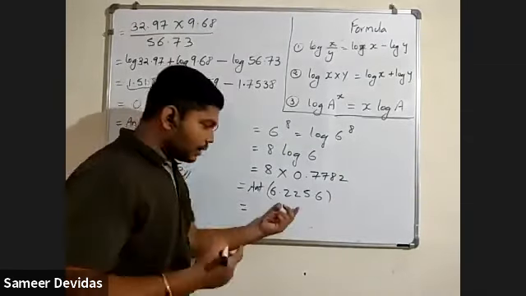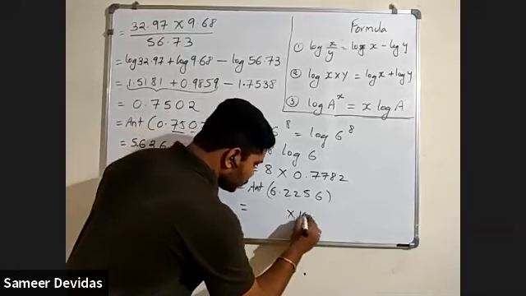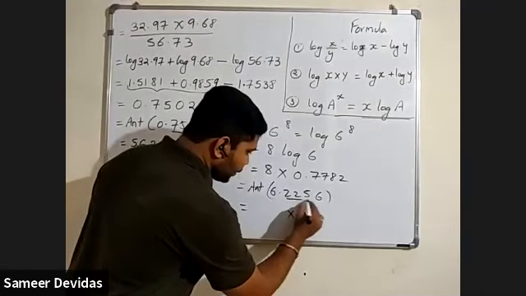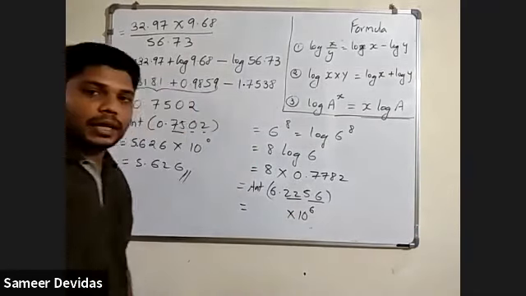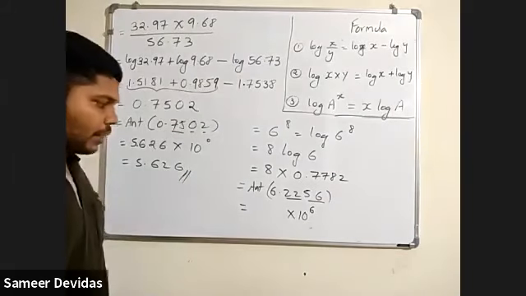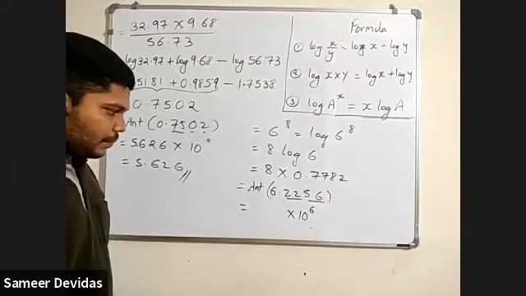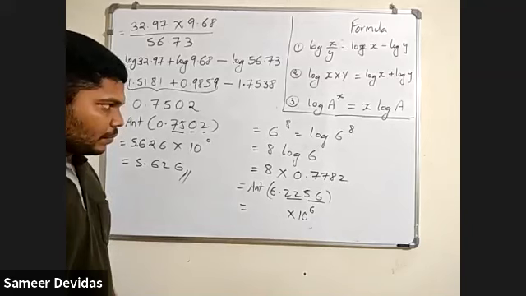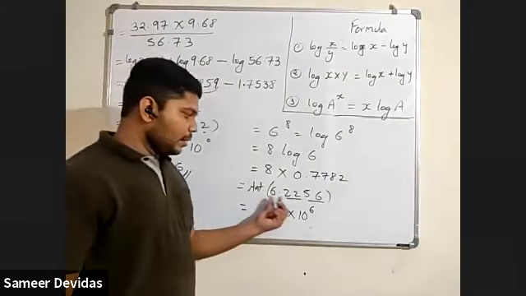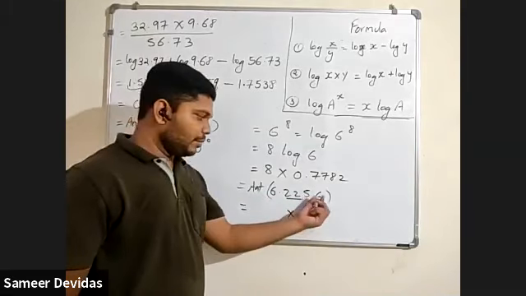Okay, just one person tell me 10 raised to 6 and 22 under 5 and 6. What is the answer? Under antilog, you tell me. Antilog under 22, 5 and 6.